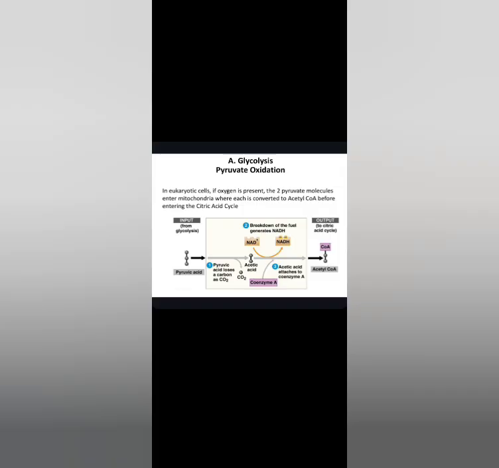This carbon is lost as carbon dioxide. It is converted into carbon dioxide and expelled out of the cell as waste. So we go from a 3-carbon molecule to a 2-carbon molecule called acetic acid.